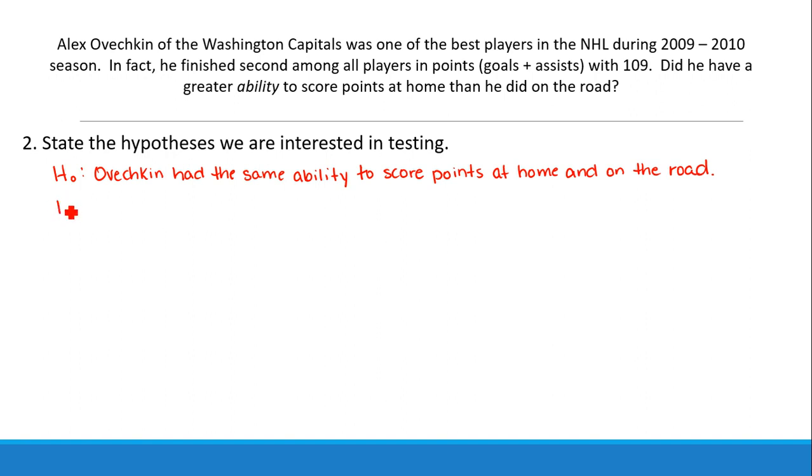Our HA is Ovechkin had a greater ability to score points at home than on the road.